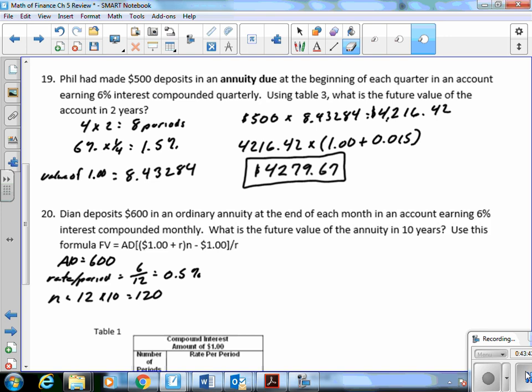All right, now that we've got those items figured out, we can plug them into the formula.